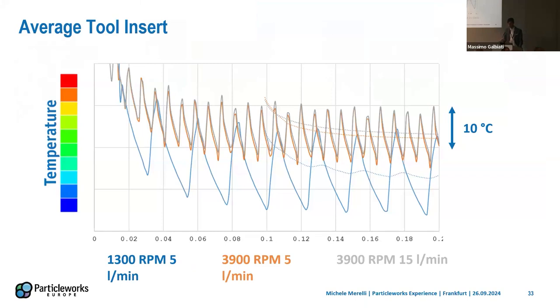And this is the temperature, the difference between the three cases. So, of course, when we increase the number of rotations, because we increase the number of interactions with the metal piece, we have higher temperatures, and we see this shift. And we could also observe some small variation in how the flow rate can impact the temperature profile. We can see the moving averages, and there are some degrees of difference between the, let's say, low and high flow rate condition.